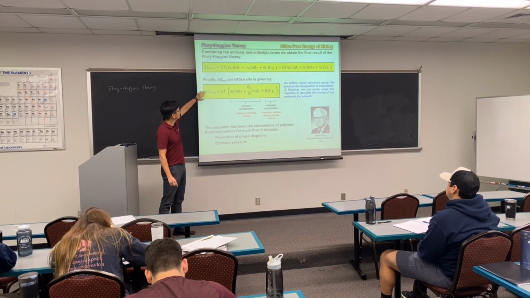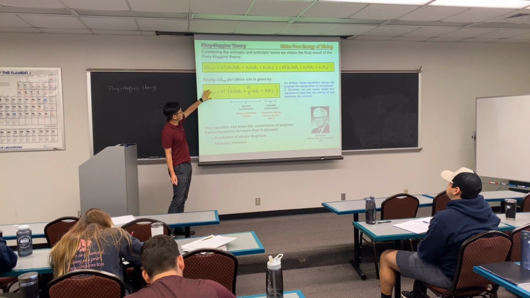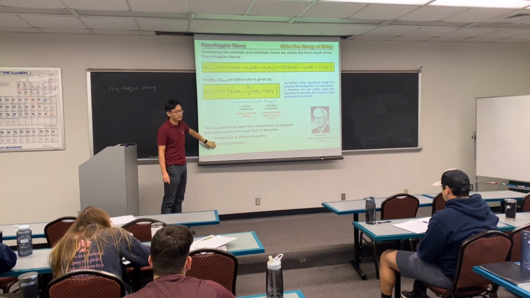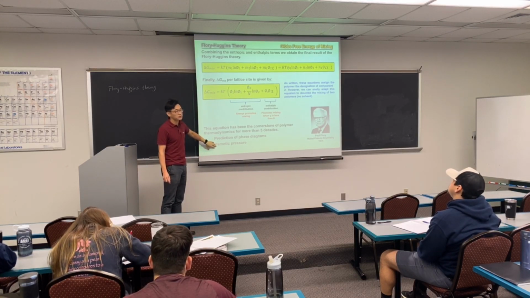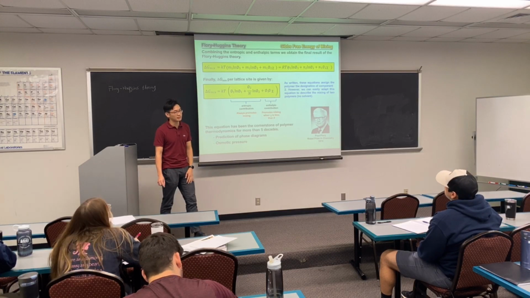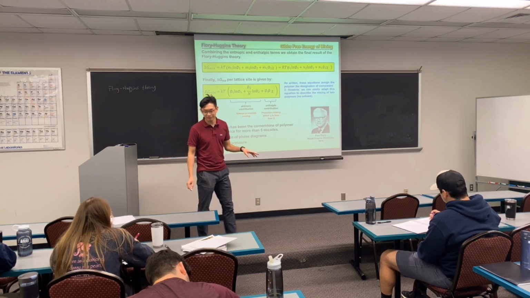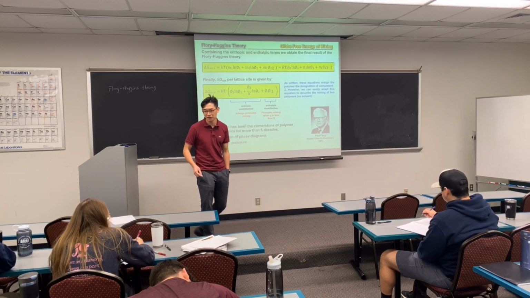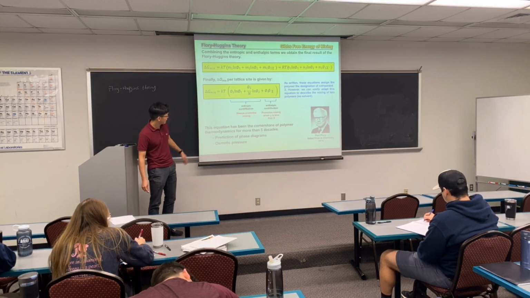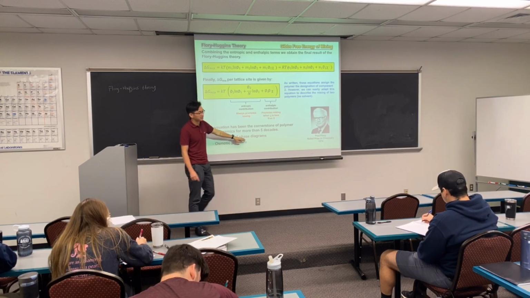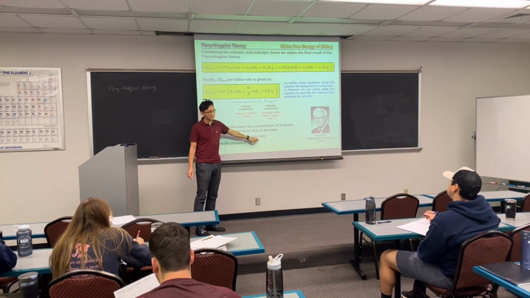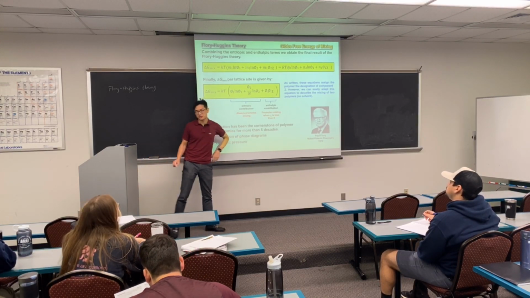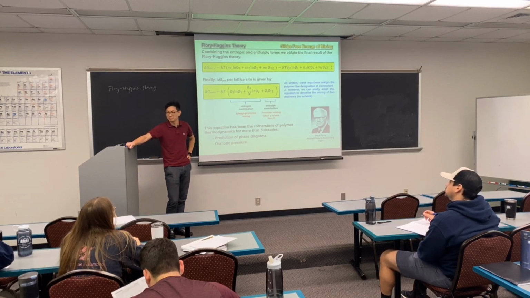One is how we use Flory-Huggins theory to understand osmotic pressure, which is a key topic today. We're going to talk about how we can understand osmotic pressure for the polymer solution. And second is predicting the phase diagram. This will be the class for next Tuesday. We're going to talk about the phase diagram.